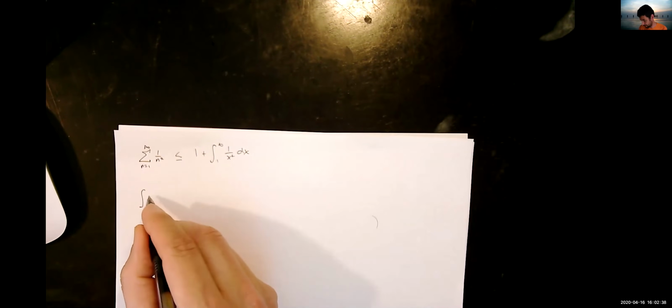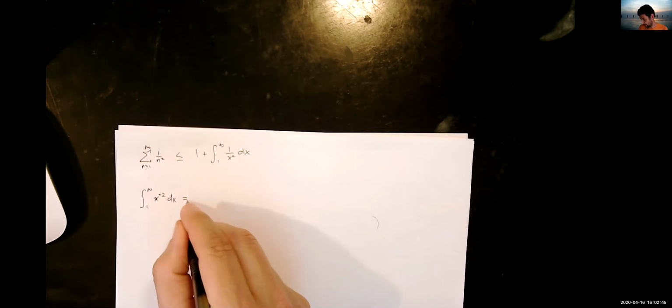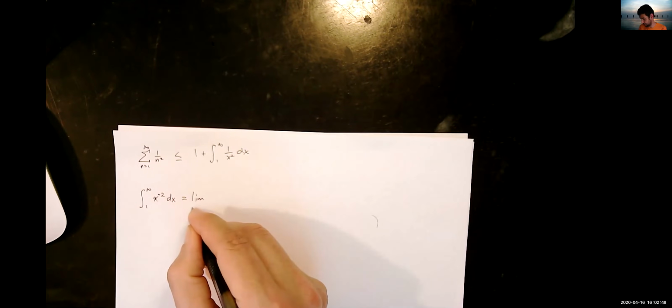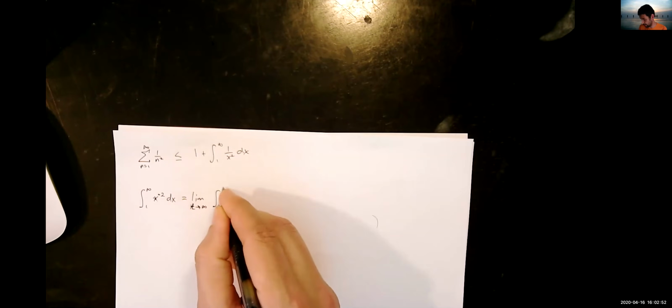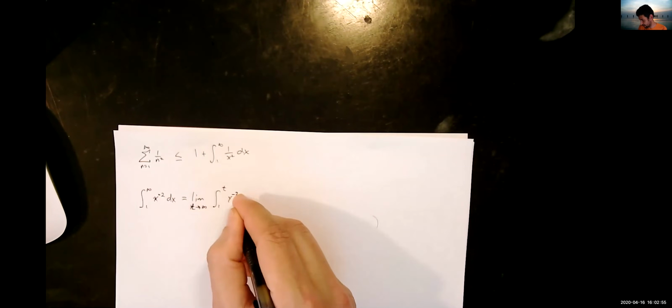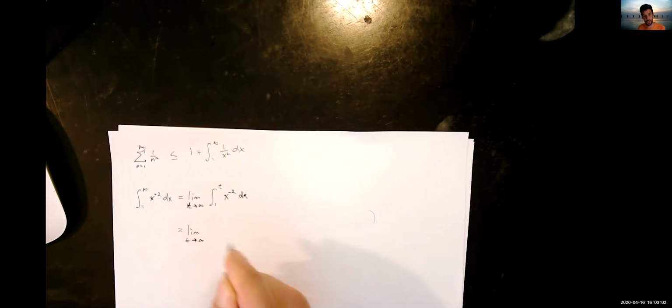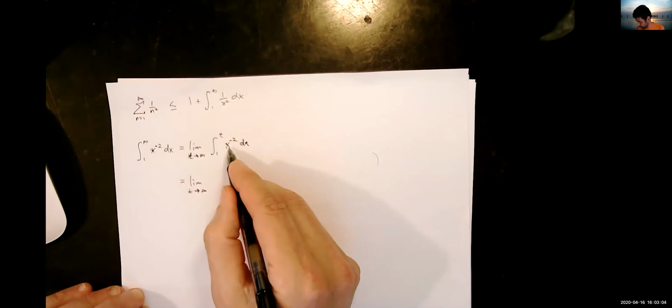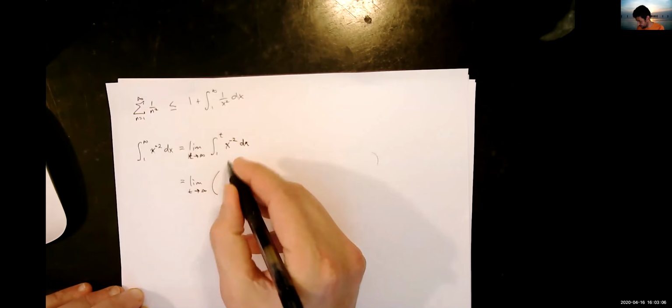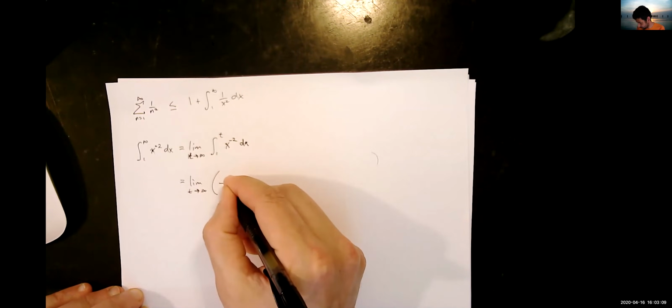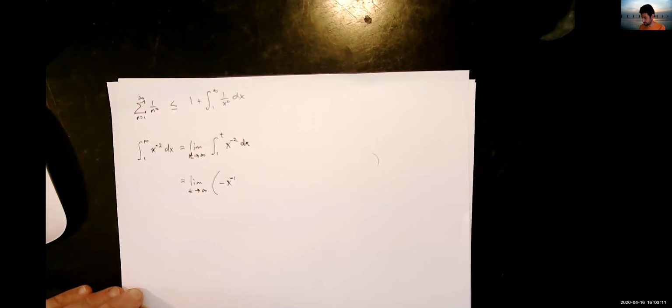We want to take the integral from 1 to infinity, let's write it as x to the -2 dx. Remember our definition for these improper integrals. We take the limit as t goes to infinity of the integral from 1 to t of x to the -2 dx, which is the limit as t goes to infinity of, well, the antiderivative of this is -x to the -1.